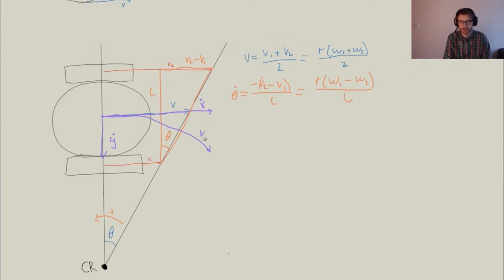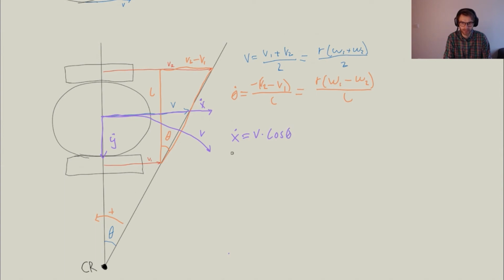The linear velocity v can be split into components, since there's a change in x, so x dot, and a change in y, y dot. So we can write these equations as follows. x dot is the velocity times the cosine of theta.